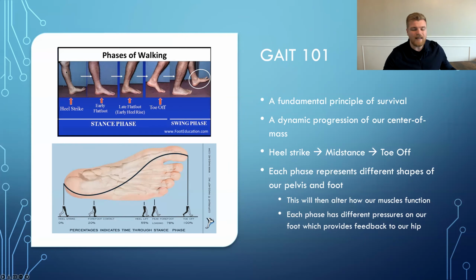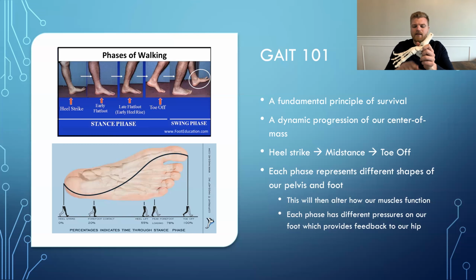So this is an indication of our center of mass being behind the foot. Okay. As we move forward, we hit the heel, we hit the outside of the heel as we contact the ground during heel strike. As we move into the later phase of heel strike, or as I mentioned here, an early flat foot or an early propulsive phase, that is when the first met head comes in contact with the ground. That creates an arch in our foot.